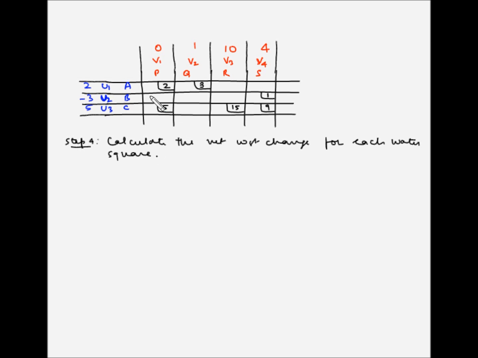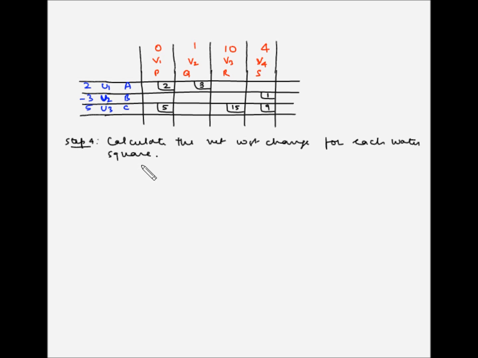Now what we did in the previous step was finding the values of Ui and Vj using the cost of the stone squares, which is the squares which have an allocation. Now in step number 4, what we are going to do is we'll take these values that we have found for Ui and Vj and compare them with the cost of the unallocated squares.